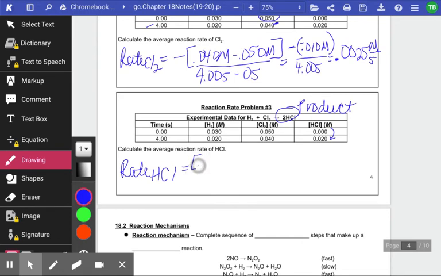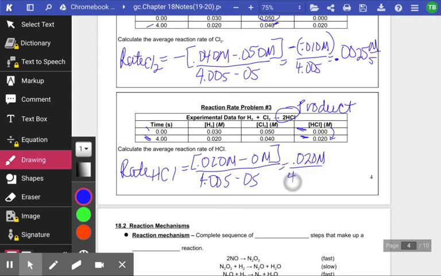So final concentration of HCl is right here. It is 0.020 molar minus your initial concentration of 0 molar divided by your change in time, 4.00 seconds minus 0 seconds again. So what we end up with here is 0.020 molar over 4.00 seconds.